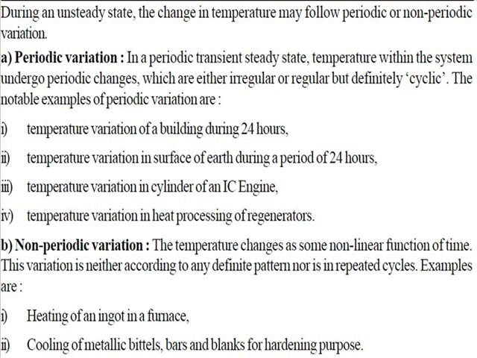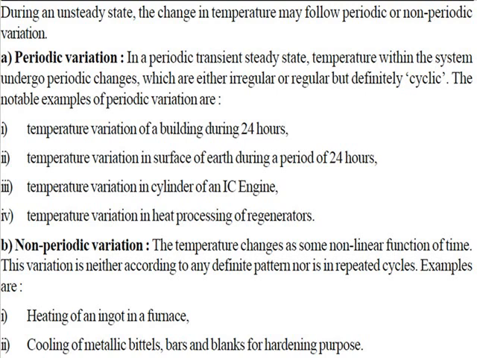The notable examples include temperature variation of a building wall during 24 hours, or of the entire building during 24 hours, temperature variation on the surface of the earth during 24 hours, temperature variation in the cylinder of an IC engine, and temperature variation in heat processing of a regenerator. These are some notable examples of unsteady state heat transfer with periodic variation.